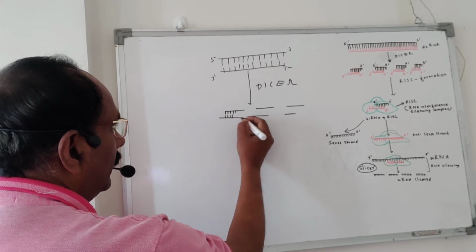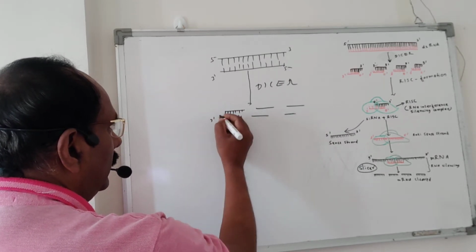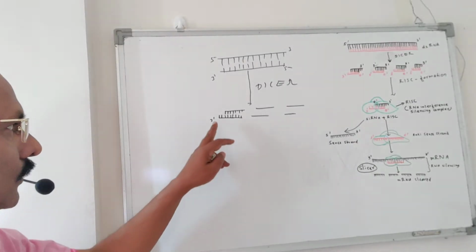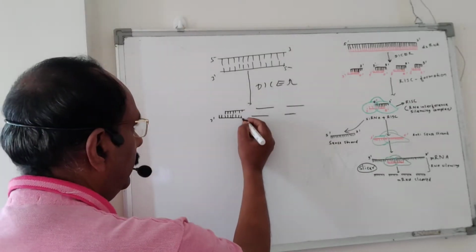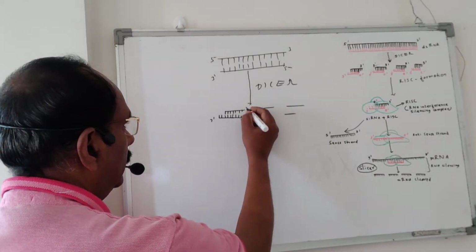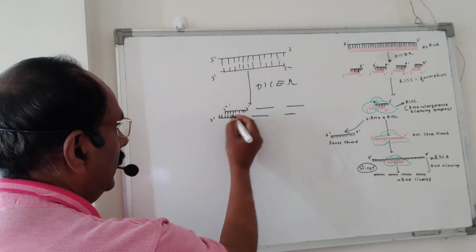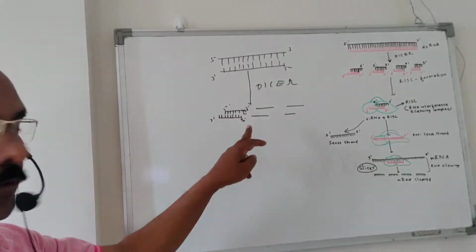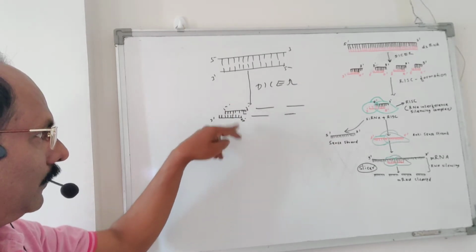And at one end, the 3' end, it has 2 nucleotide bases that are unpaired. This is known as the overhang, and this overhang end is always present at the 3' end. So this is the 3' end, this is the 5' end. Each 3' end has 2 nitrogen bases which are unpaired, known as the overhang, and all other bases are in complementary pairs.